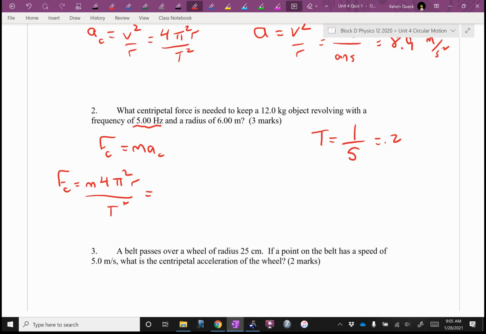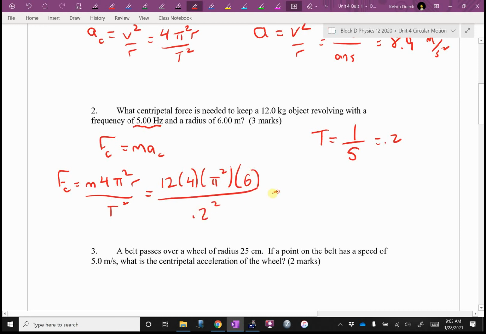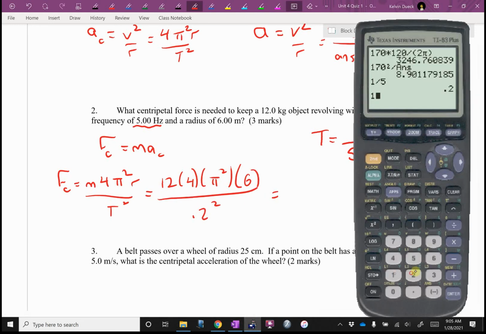So I'm going to guess you're going to get a fairly big force in the thousands or maybe even hundreds of thousands. Let's see. 12 times 4 times pi squared times 6 divided by 0.2 squared. Do you get 71,100 newtons?